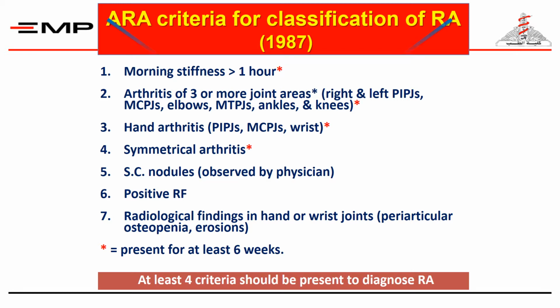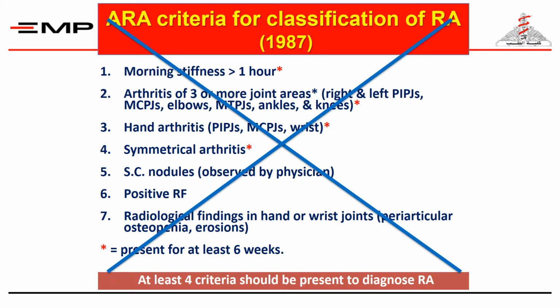But it is obsolete now because to use these classification criteria, we always diagnose rheumatoid arthritis in the late stage, which is irreversible erosions and deformities.